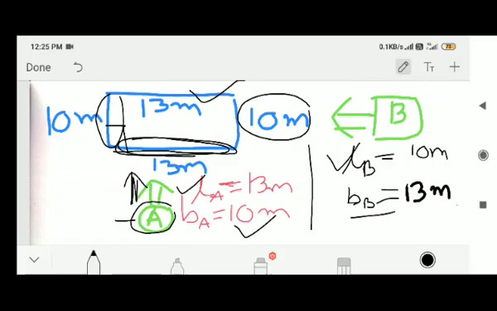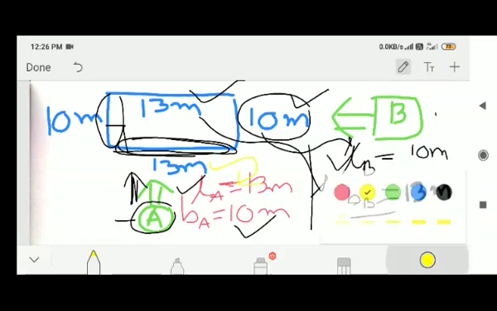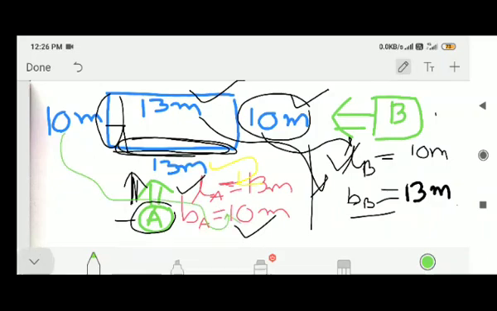Since this 13 meter is seen first by A, it is the length for A and 10 meter is the breadth for A. So very good concept.